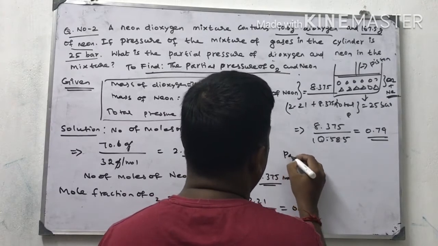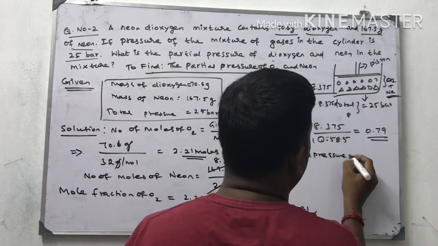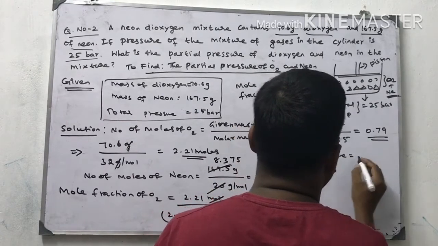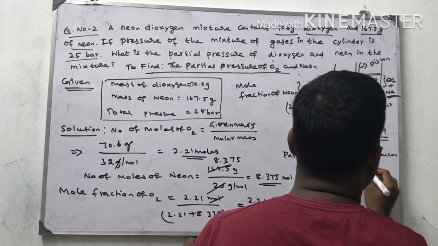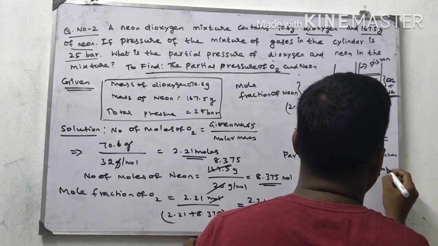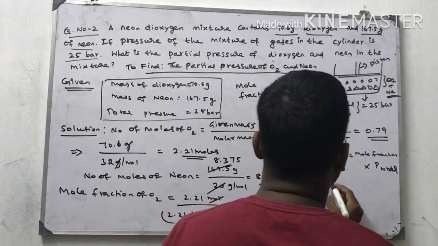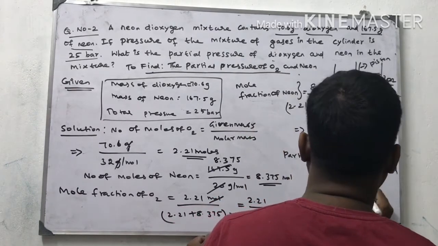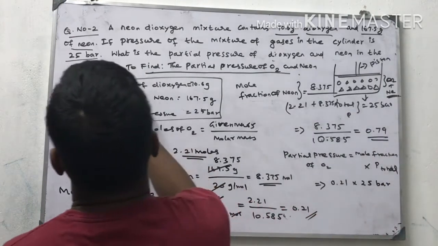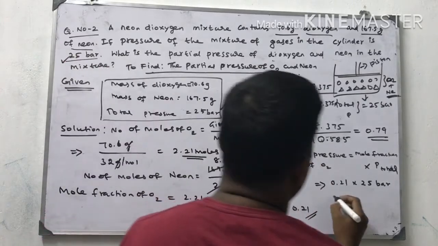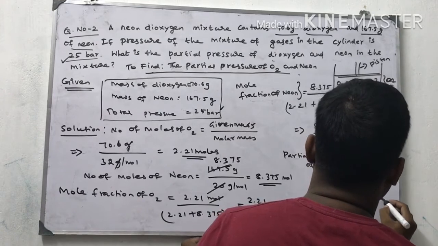Next one is partial pressure of oxygen is equal to mole fraction into P total. This is the formula. Mole fraction is 0.21 into P total, which is 25 bar. What is the total pressure? 25 bar. Substitute here, we get the value of 5.25 bar pressure.